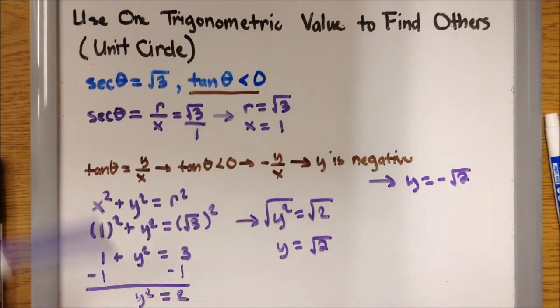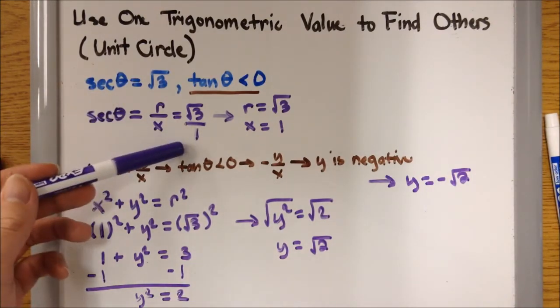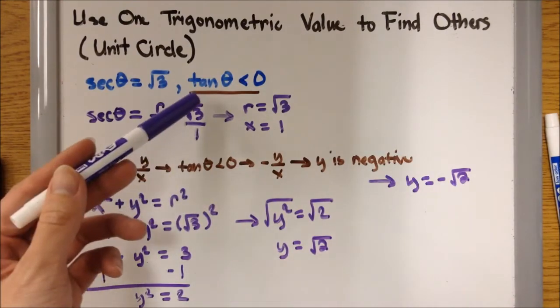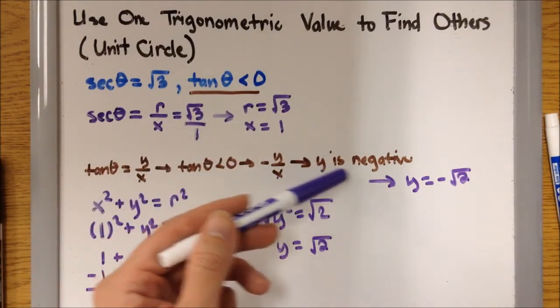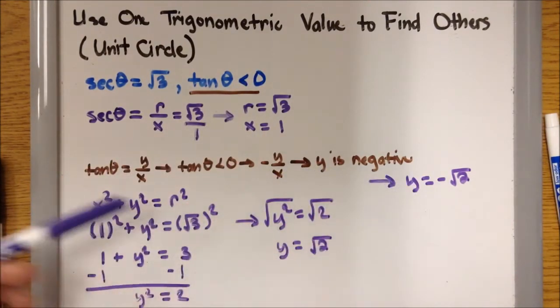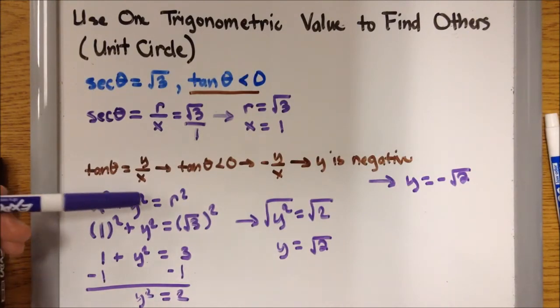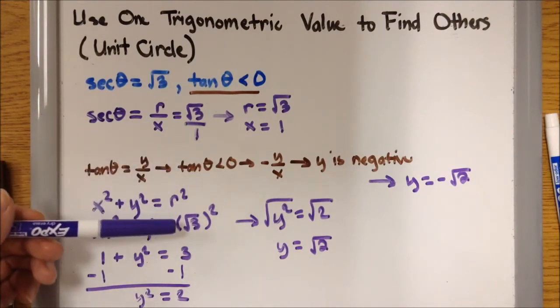Once we establish the r value and the true x value, which is positive 1, next we use the piece of information that tangent theta is less than 0. This is where we establish that y is negative. So now using the formula for r, which is x squared plus y squared equals r squared, I plug in the x value and the r value.